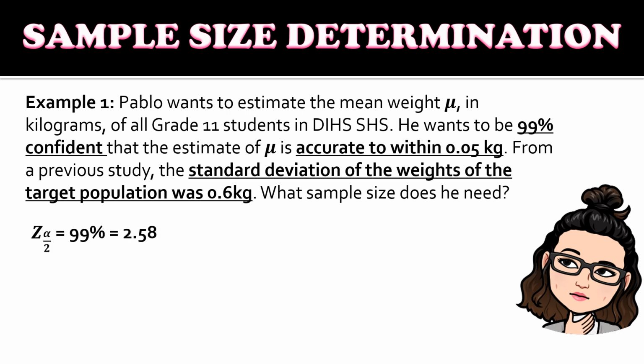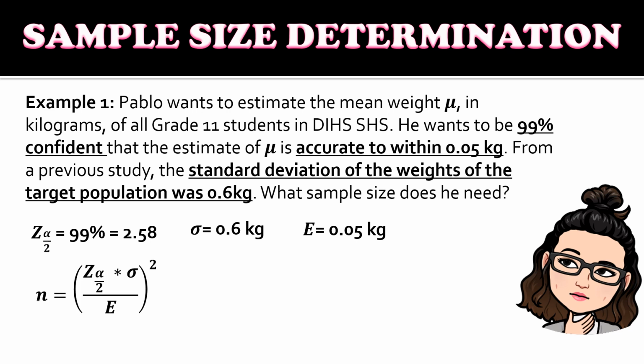For the value of z, that's a 99% confidence interval, which is equivalent to 2.58. Then the standard deviation is 0.6 kilogram, and the error is 0.05 kilogram. So we just substitute the values on the formula.